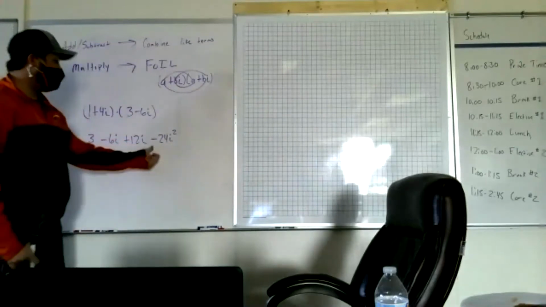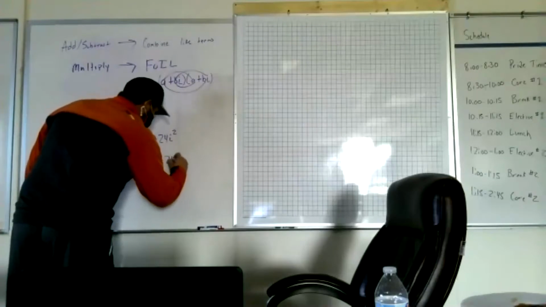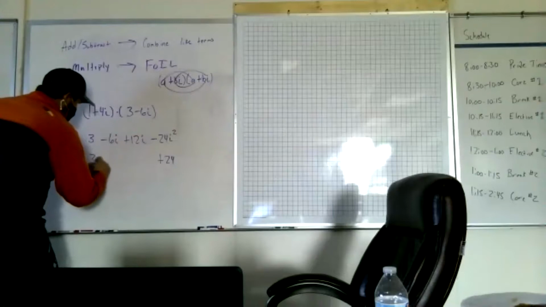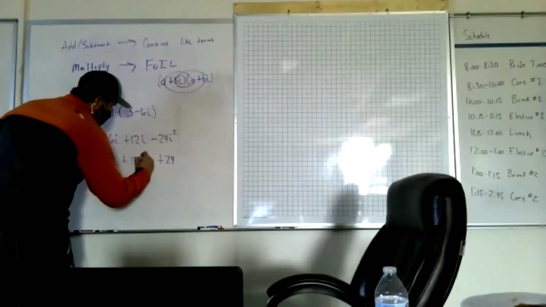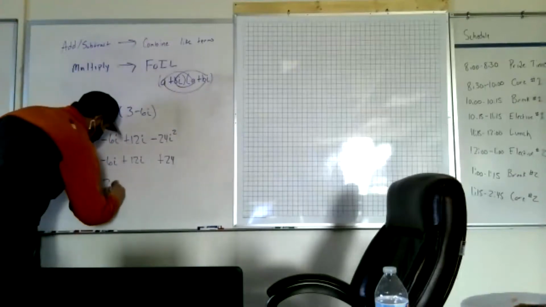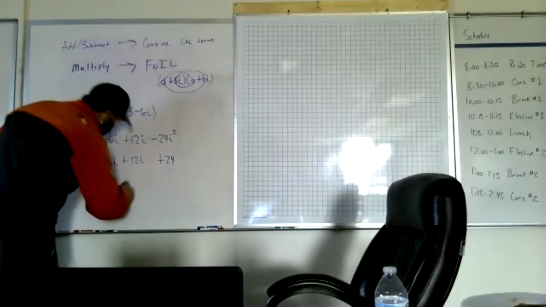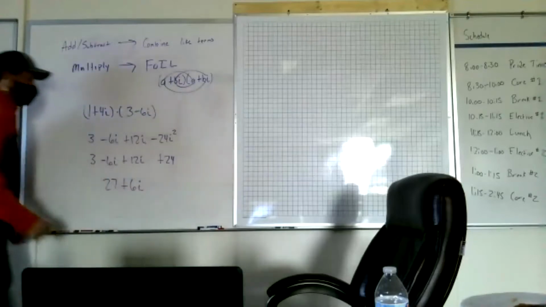So this is really negative 24 times negative 1, which gives you a positive 24. Once you simplify i squared, we can combine our like terms. Okay, 3 and 24 combine to make 27. Negative 6i and 12i combine to make a positive 6i.